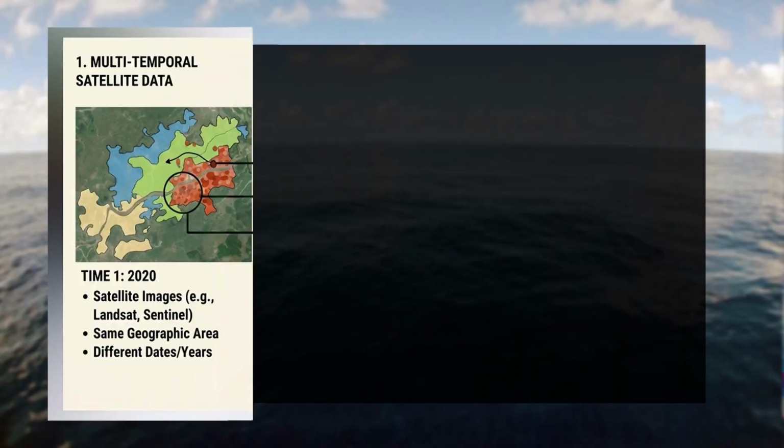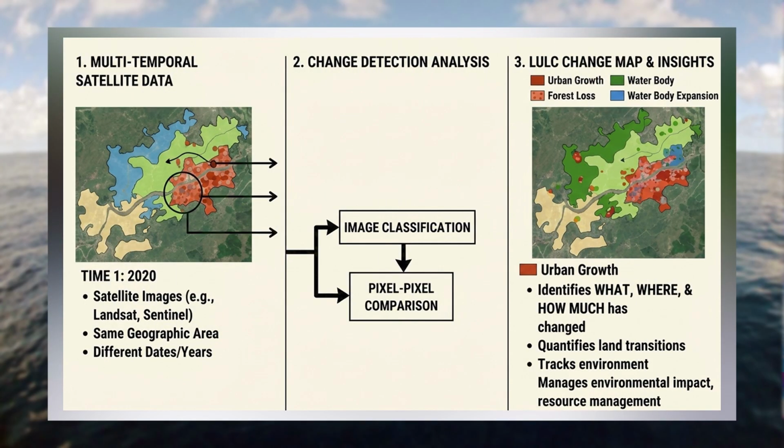Monitoring land use, land cover changes using multi-temporal satellite data over time aids in identifying urban expansion, deforestation, agricultural intensification and wetland shrinkage, for assessment of environmental degradation and support for sustainable land use policies.